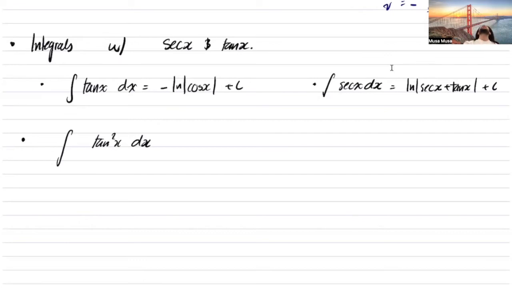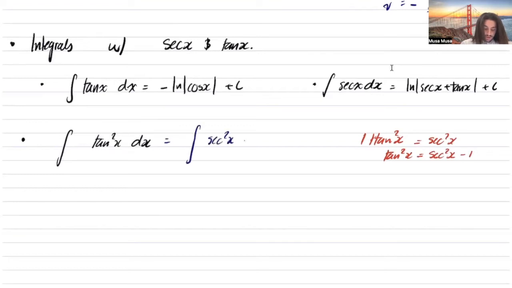Your Pythagorean identity is 1 plus tan squared equals sec squared, which means tan squared x equals sec squared x minus 1. So this becomes the integral of sec squared x minus 1 dx. Well, we know the derivative of tan is sec squared, so that means the integral of sec squared is just tan. And then minus 1 goes to minus x, and then plus c. So we have that one.